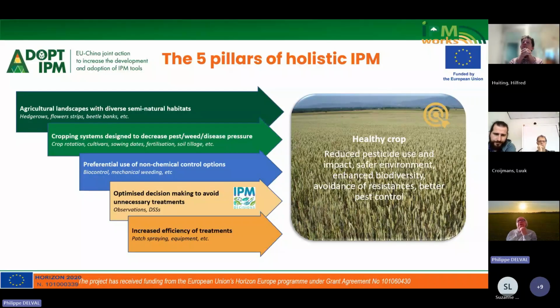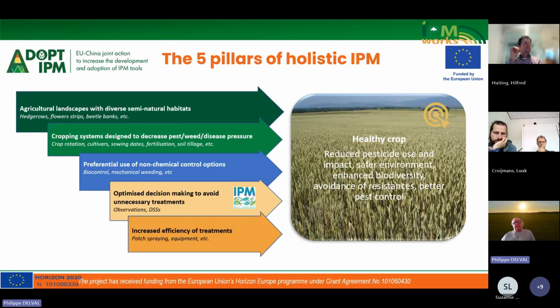In another project called IPM Works, we defined 5 pillars for holistic IPM to provide a healthy crop. The first is landscapes, with a lot of solutions. The second one is to design cropping systems with some agronomic solutions, but also genetic.